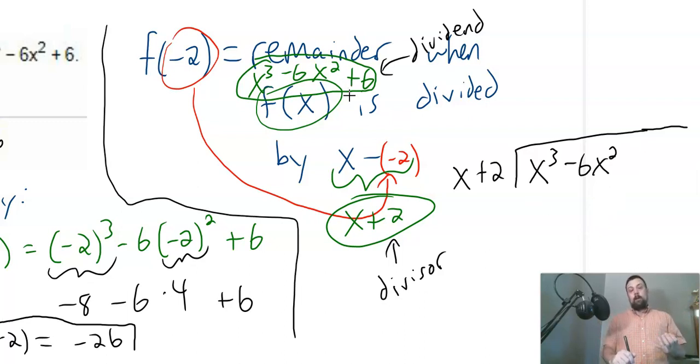We don't have one in our dividend, so we leave that space open and we put the plus 6 on the end. Or, a common approach that a lot of students prefer is to put a plus 0x. I just like to leave it as an empty space, but you could also put 0 there as a placeholder. So whatever you'd like to do is fine.